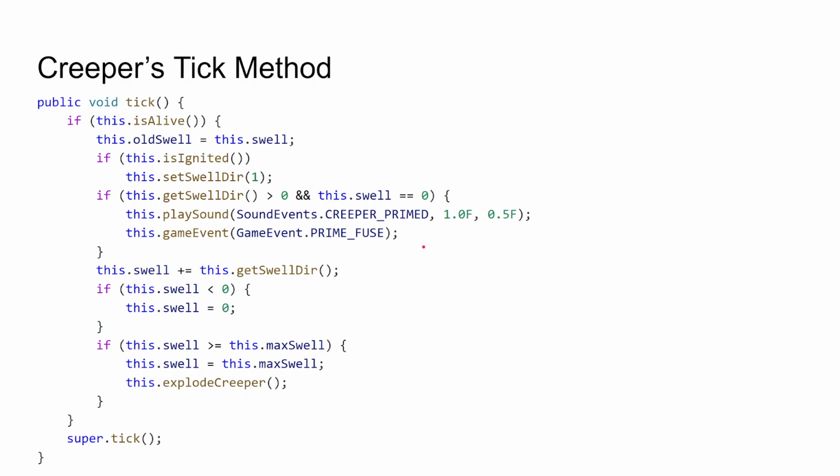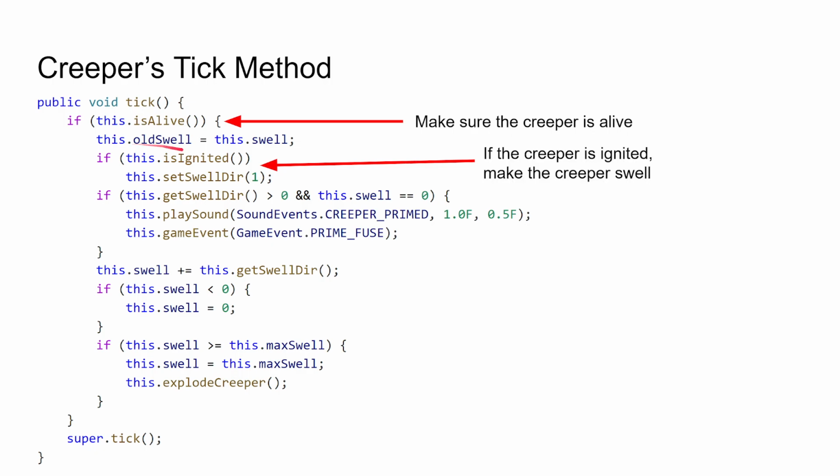So let's look at a creeper's tick method. So this is just for the creeper again, even though we don't see that right here, but it's in that creeper class. So this is overriding that generic tick function. So we'll look at what's going on here. First, of course, it makes sure the creeper is alive. If it is alive, then we look if the creeper is ignited.